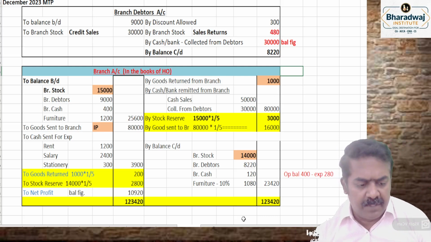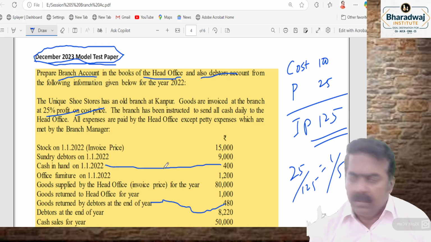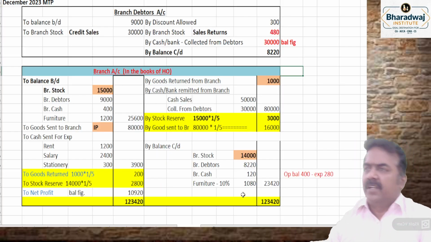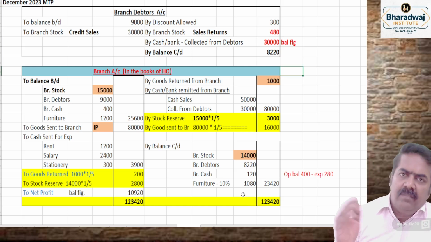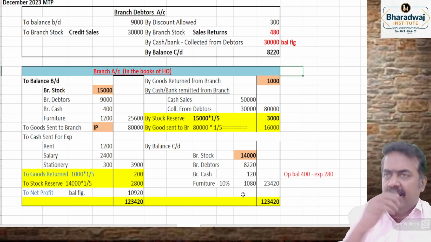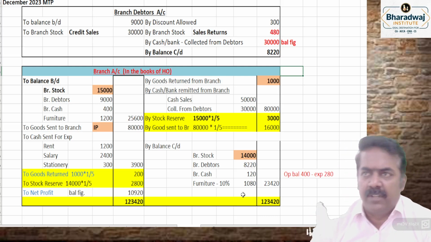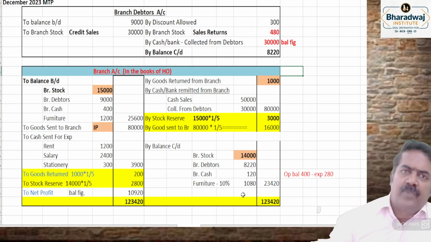Model test paper, which one? This one. MTP June 2025 we will do next. Thereafter we'll go for a break. Then we will continue with final account series, like independent branch, final account series, where we'll prepare trading P&L account and balance sheet like that. Then we'll do foreign branch also.